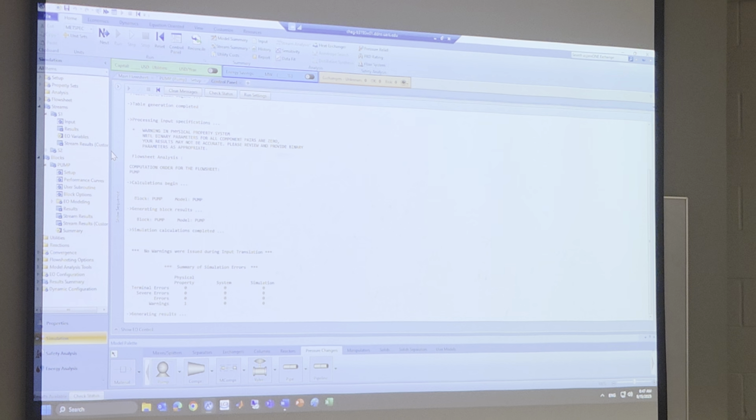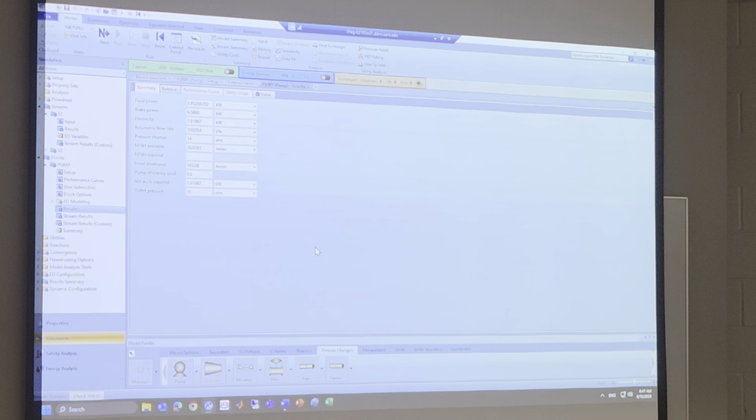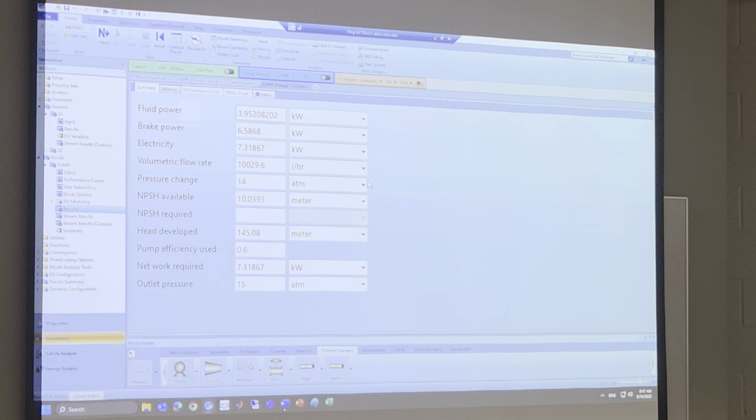Then we can check our result. If you go to pump, you can check the result. What we are interested in here is fluid power, brake power, or shaft power. The electricity or net work required is 7.3 kilowatt, and the shaft power required for the pump is about 6.6 kilowatt because of the drive efficiency and the pump efficiency of 60%.